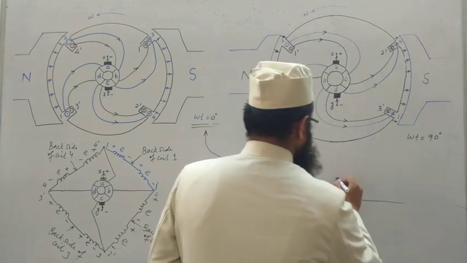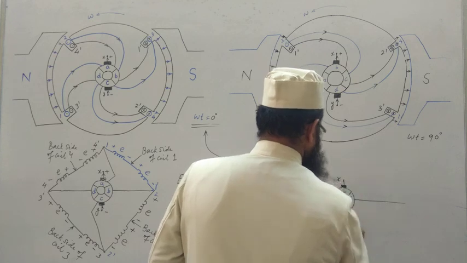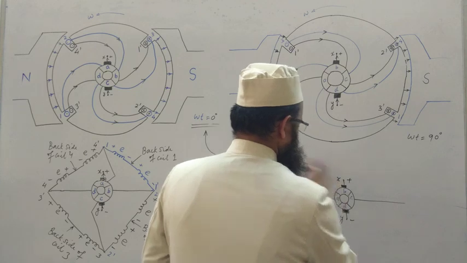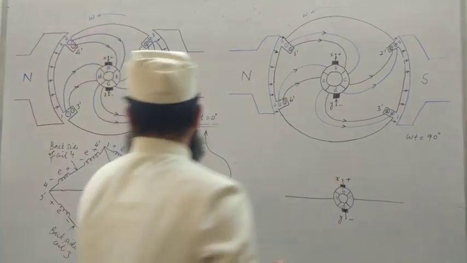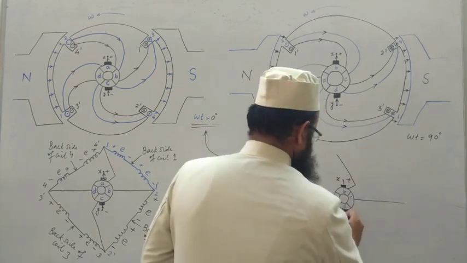So this is the X terminal, this is the Y terminal, plus and minus. Fine. So take one point from here and one point from here.